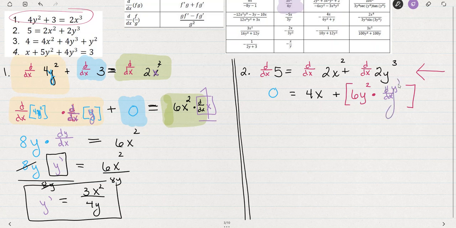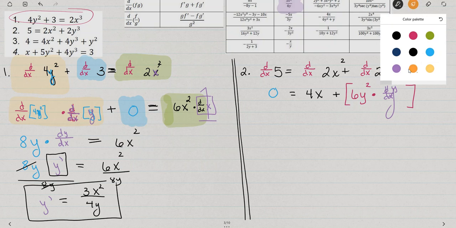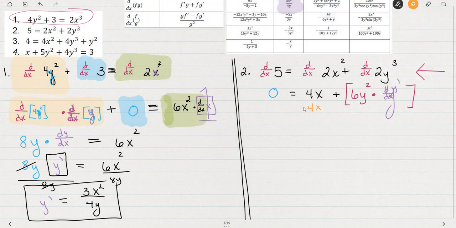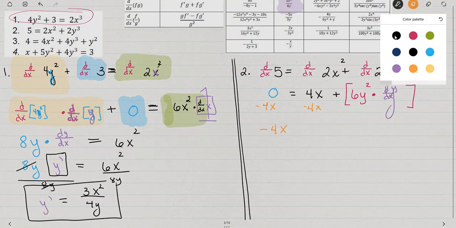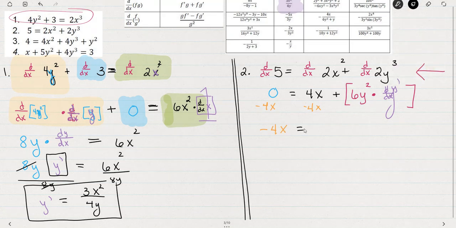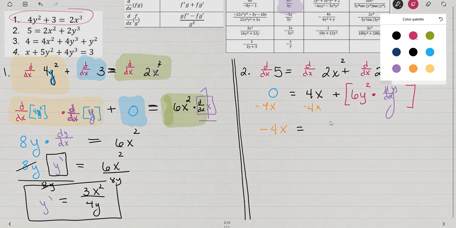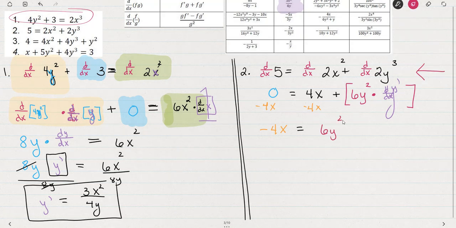Now when I go to solve for y prime, I'm going to subtract 4x from both sides. So I have negative 4x equals 6y squared y prime.